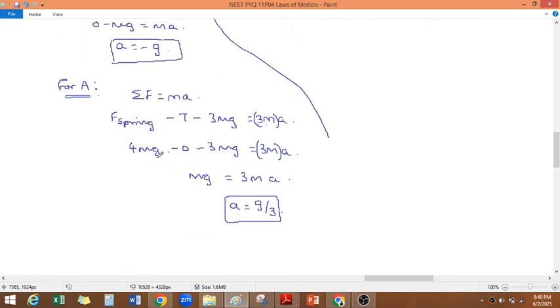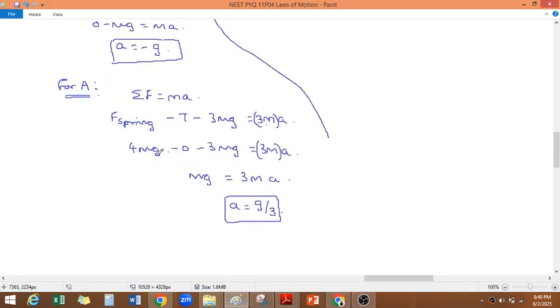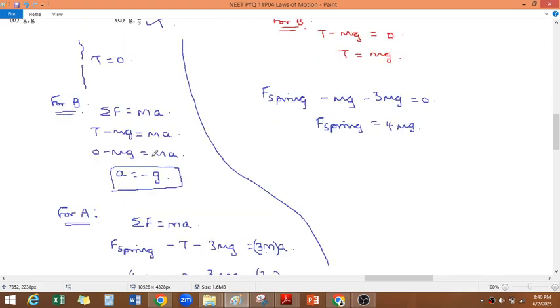Sir, by using the formula F is equal to m into A, we can directly find the magnitude of acceleration by F divided by m. So the force is g divided by m is 3, so g by 3. Then for the next mass, g divided by 1, that is g. So we can directly find the answer. A is equal to F divided by m, like this.